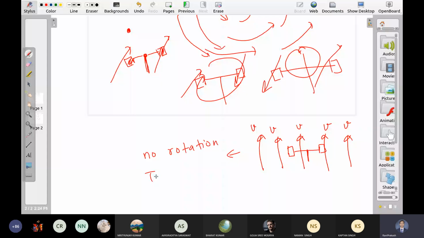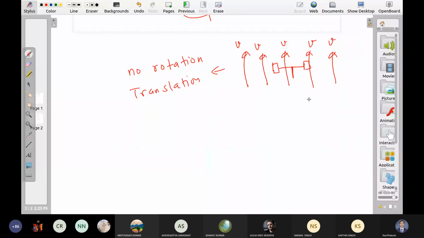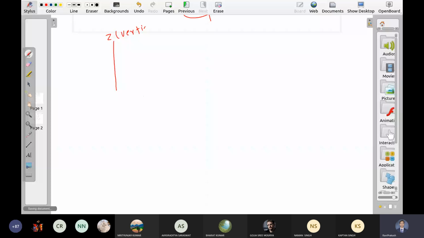Let me also use the coordinates at the same time. This is Z, vertically up. X is horizontal, in the plane of the board.